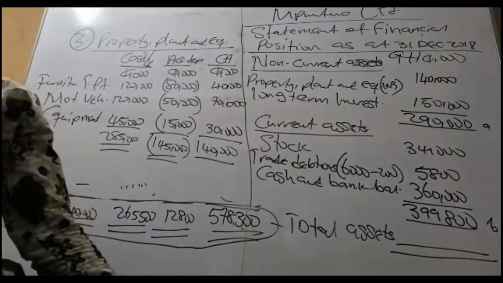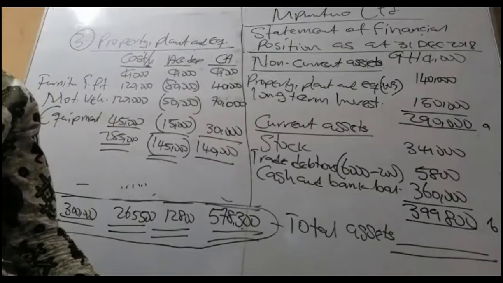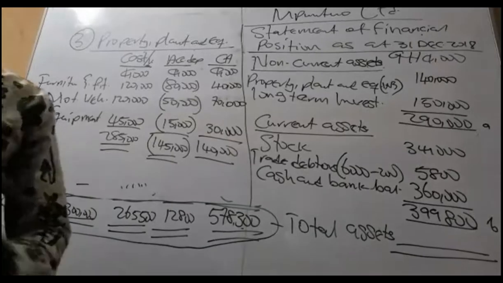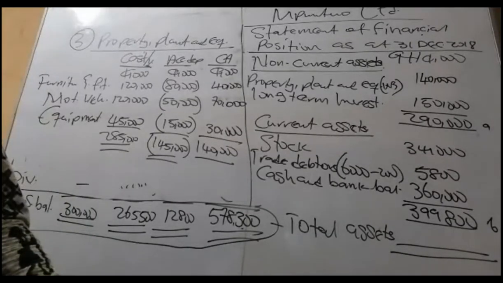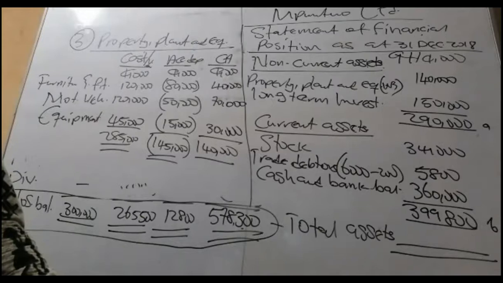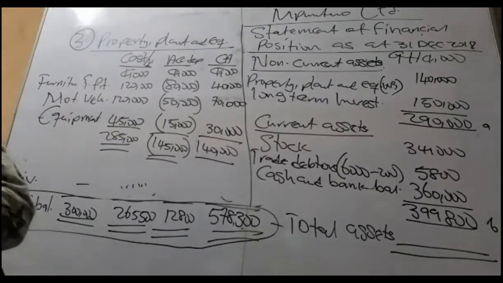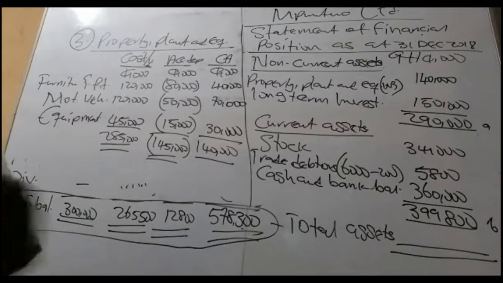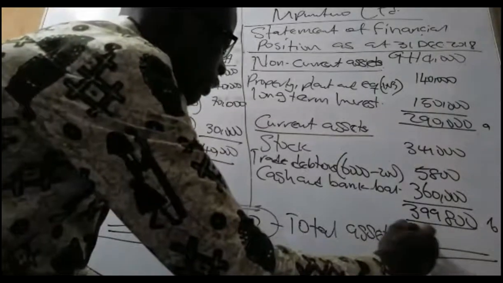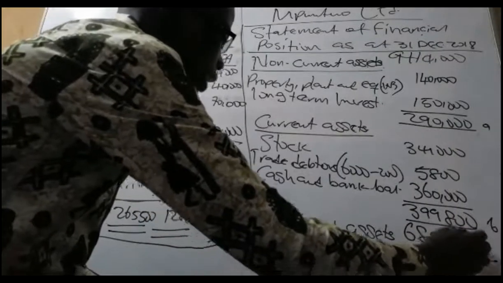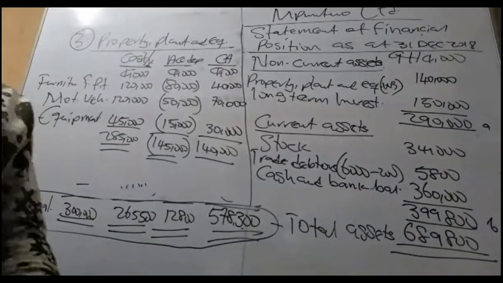So what do we get when we put these two together? 399,800. Okay, that's great. Now putting the two together, 689,800. I like that. That's the total assets.